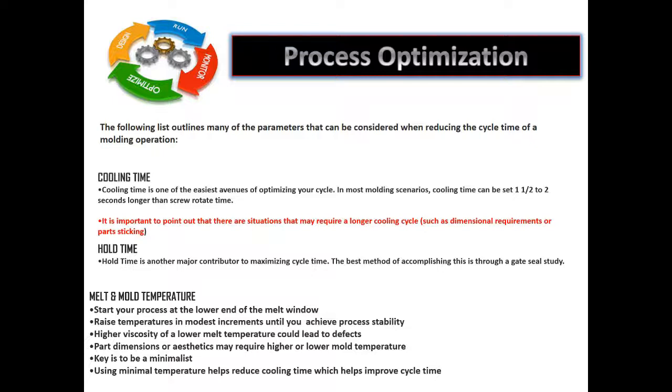And then there's situations where part dimensions or aesthetics may require a higher or lower mold temperature. Good, for instance, would be a glass-filled nylon. A lot of times you have to run at a higher mold temperature to get good part visual quality.